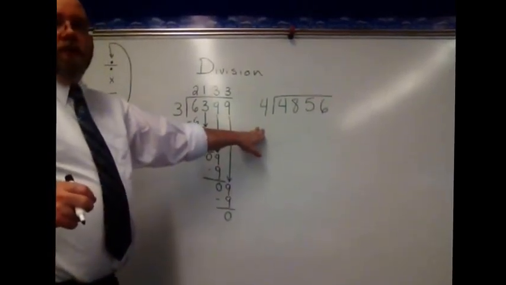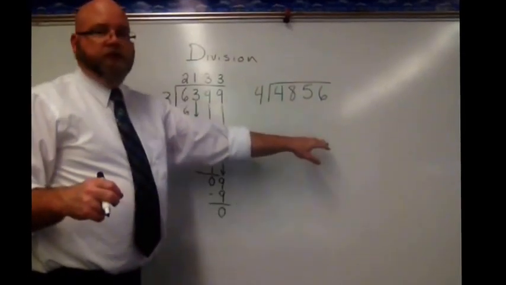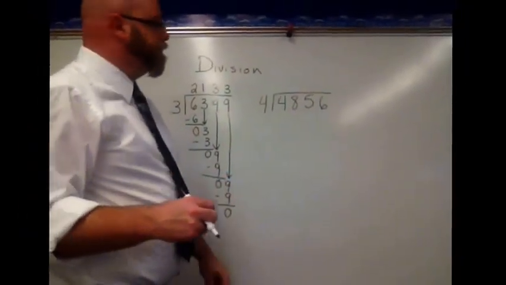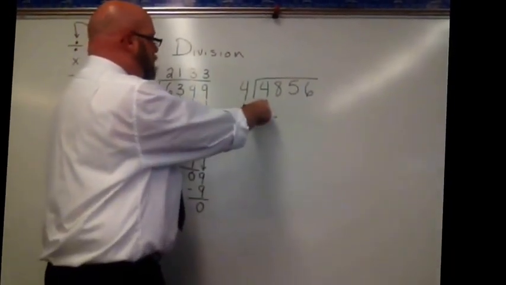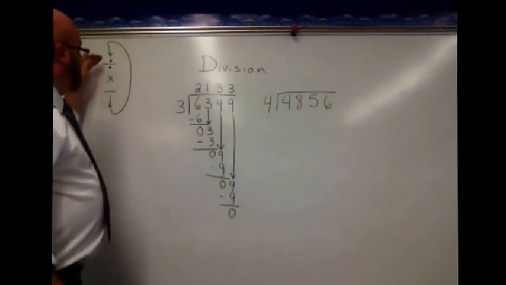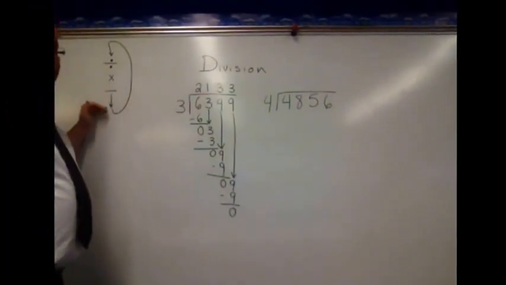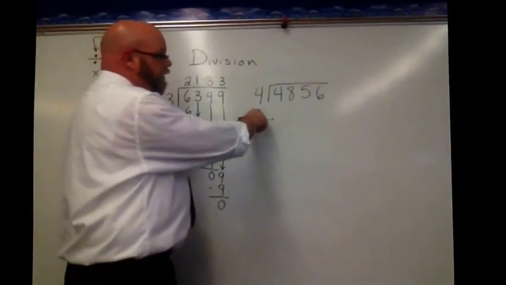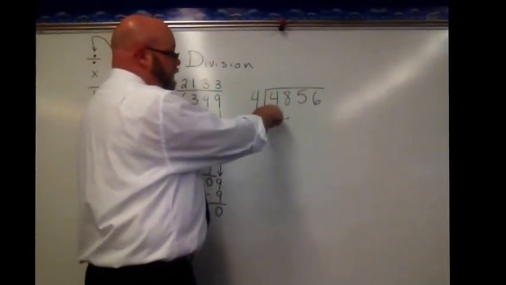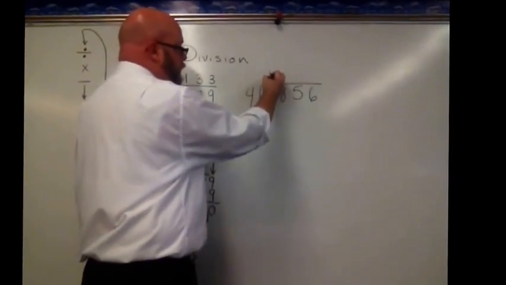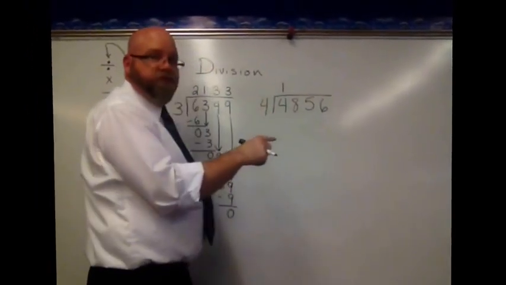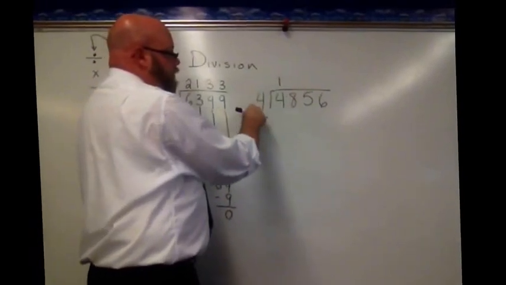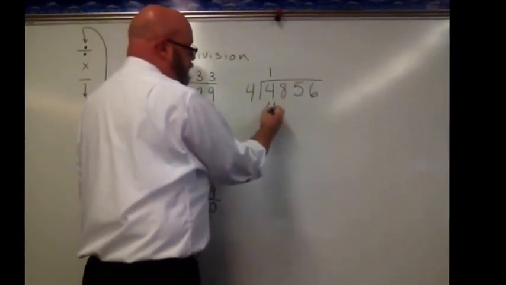Let's do the next one. 4,856 divided by 4. Again, my steps are divide, multiply, subtract, bring down, and repeat. So let's look at that. 4 divided by 4 is 1. That's my division step. 1 times 4 is 4.